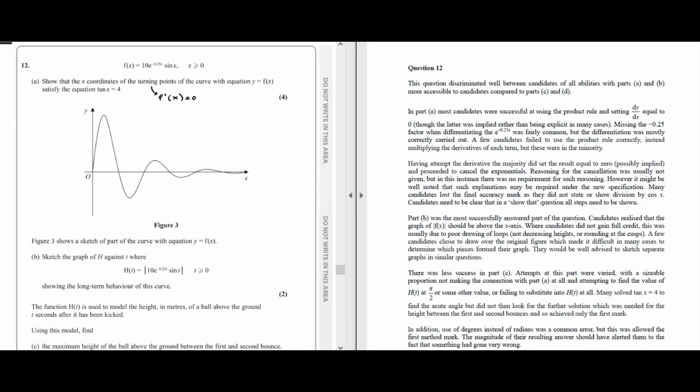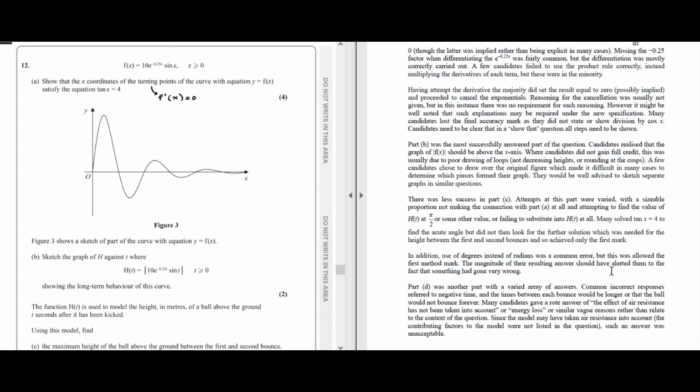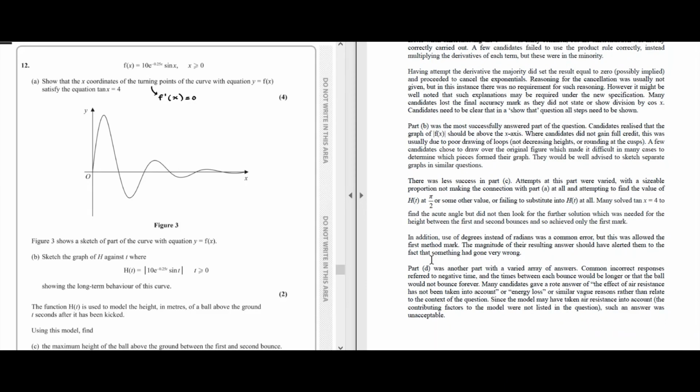Many solved tan x equals 4 to find the acute angle, but did not look then for the further solution which was needed for the height between the first and second bounces, and so achieved only the first mark. In addition, use of degrees instead of radians was a common error, but this was allowed for the first method mark. The magnitude of their resulting answer should have alerted them to the fact that something had gone wrong.